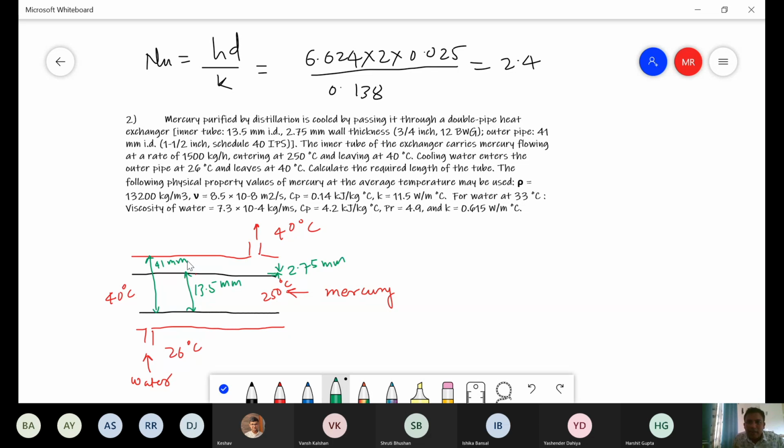Again, the mercury inlet flow is 1500 kg per hour. This is what has been given.